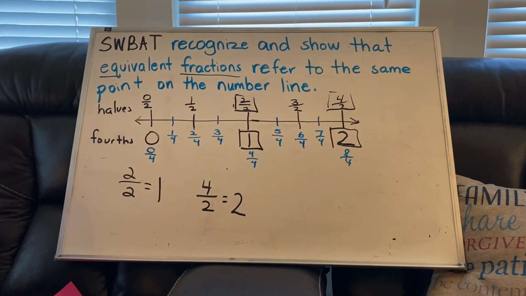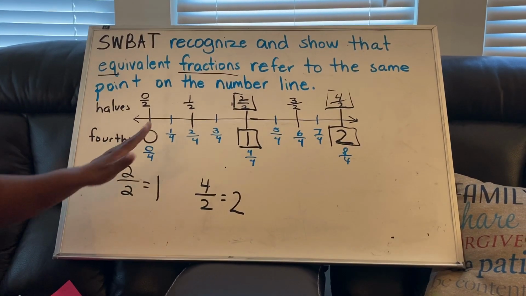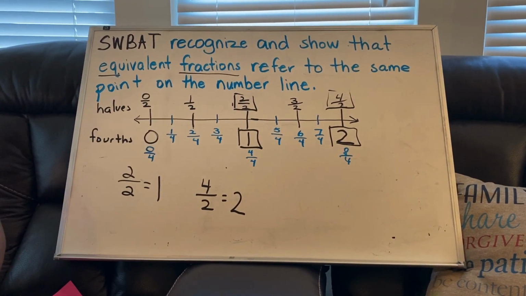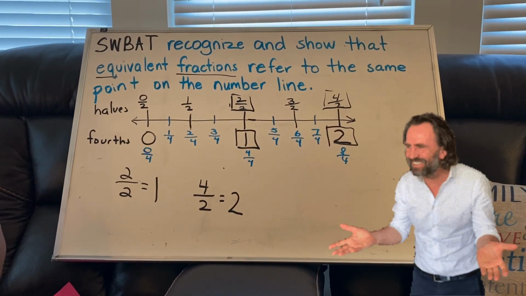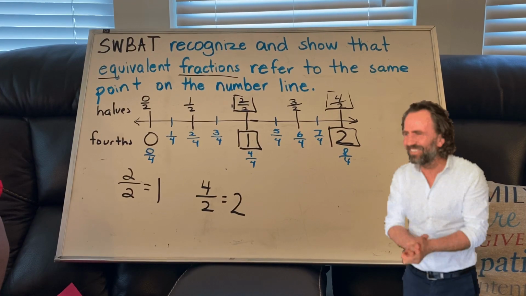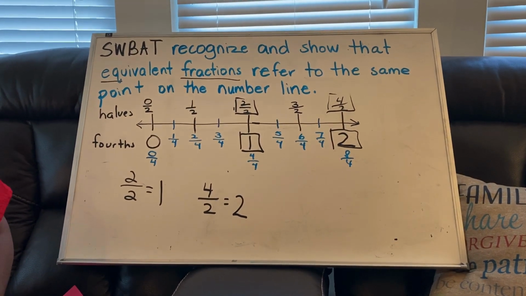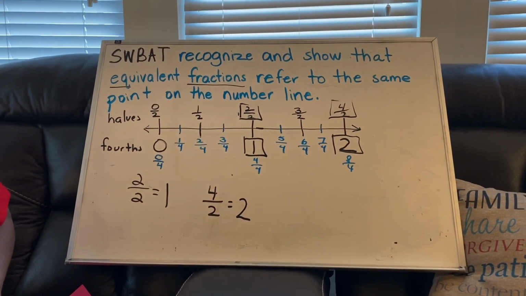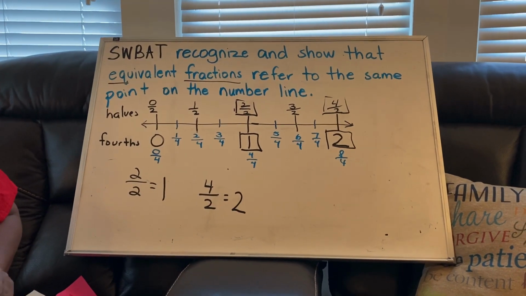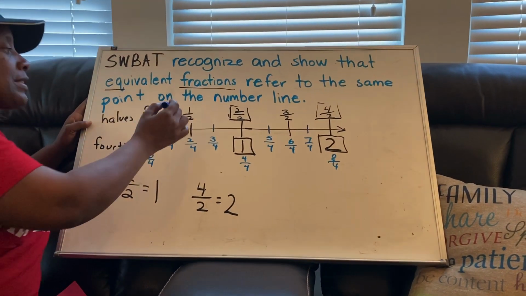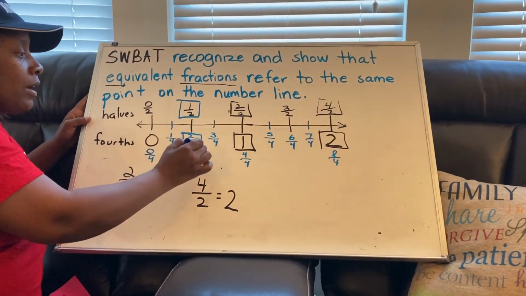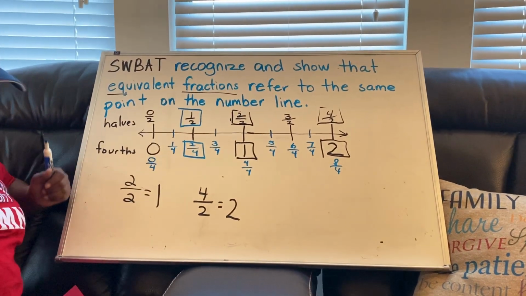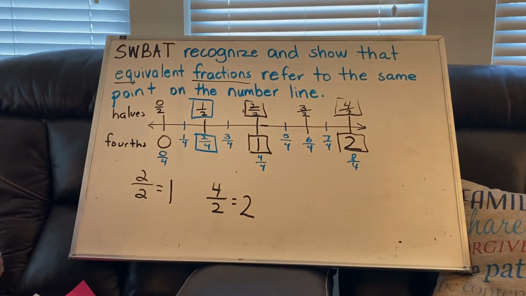So we have two fractions of different sizes, but we have some that are on the same point on a number line. What does that mean? Okay, so it proves that where the same points are on the number line, these two numbers are equal, which means, again, equivalent.